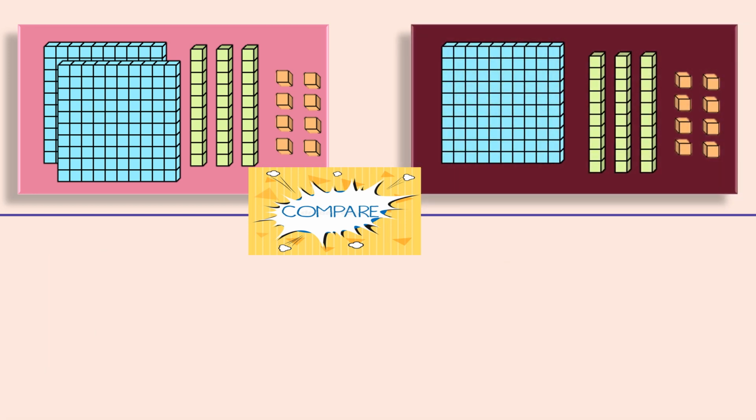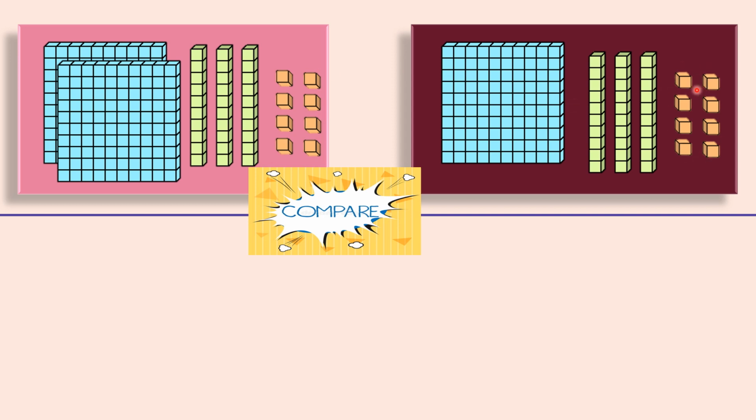Now if you see these pictures, in the first one we have 200 blocks, 1 and 2. In the second one we have only 100 block. Let's see tens here. 3 groups of tens and 3 groups of tens in the other one also. 8 ones and 8 ones.